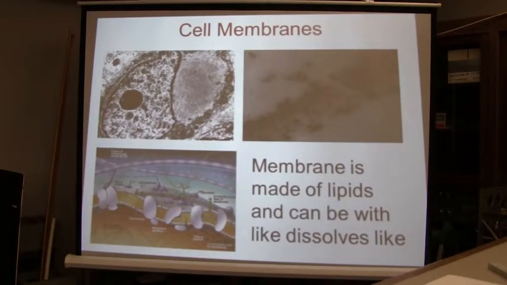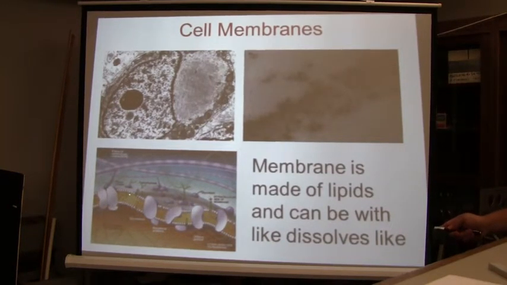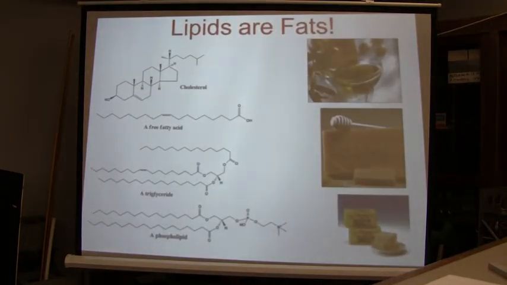And what that's important for is when we think about the cell membrane. The cell membrane is made of lipids. We can look at this very complicated picture, and there's a whole lot going on here, but we don't really need to understand all of that. What we need to understand is these molecules right here. Each of these is an individual phospholipid. They're going to look like this.